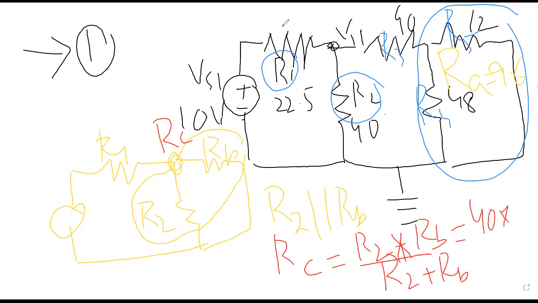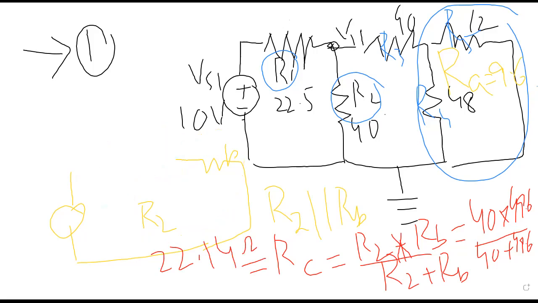And RB is 49.6. Then 40 plus 49.6. So this RC value we computed as 22.14.